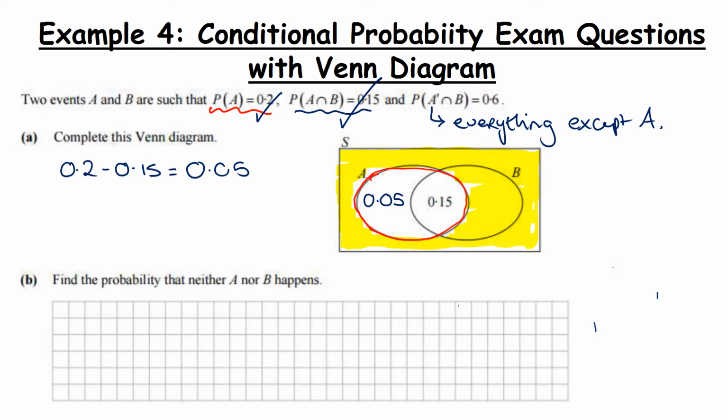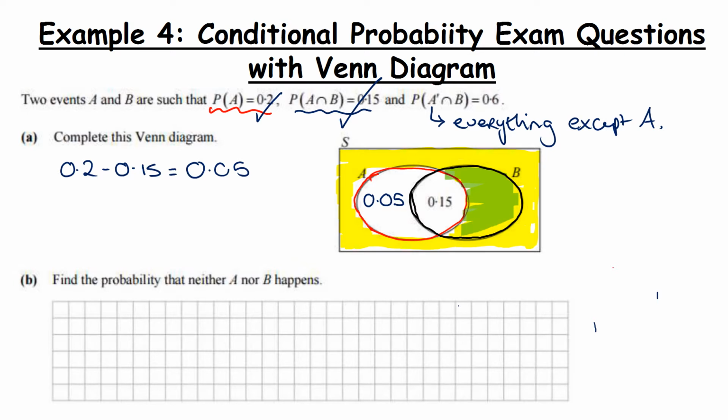Now we want to know where that intersects with B. So if we just draw a ring here around B, this is where B is. We're talking about the piece where they intersect. So they intersect at this part here.